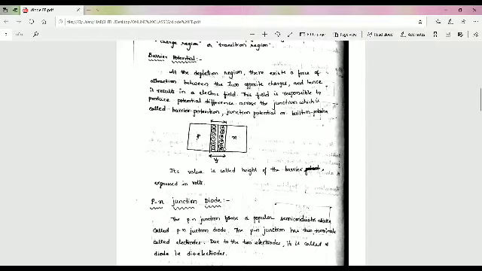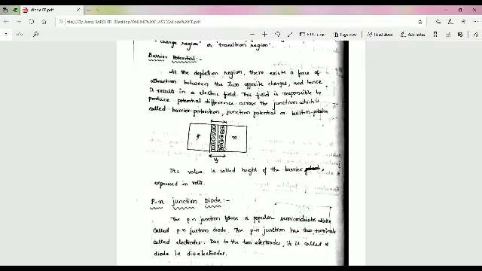Okay, next topic, PN junction diode. First of all, what do you mean by PN junction? These two types of materials, that is N-type and P-type, are chemically combined with a special fabrication technique to form the PN junction.